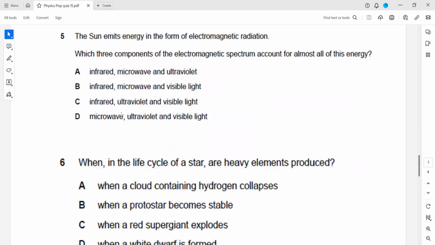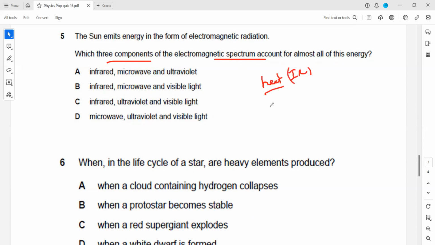In question 5, the Sun emits energy in the form of electromagnetic radiation. Electromagnetic radiation can travel through vacuum. Which three components of the electromagnetic spectrum account for almost all this energy? What are the forms of energy the Sun is emitting? The Sun is giving us heat radiation, which we call infrared or IR.